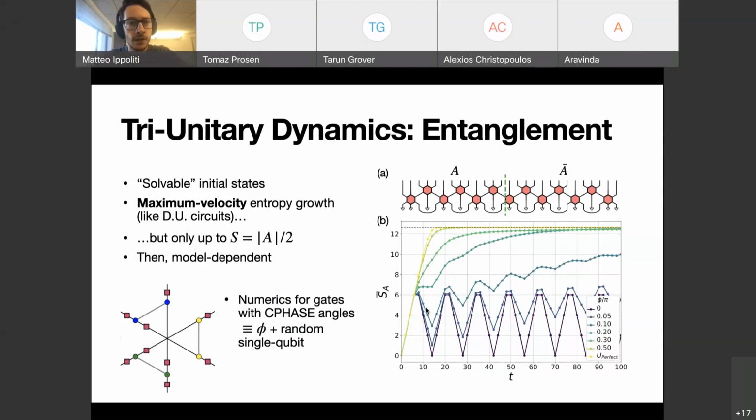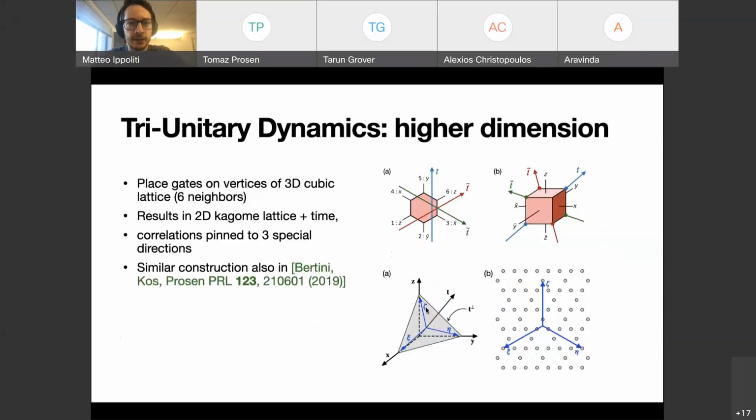And then there is also a higher-dimensional generalization, which was also envisioned by Bruno, Pavel and Tomasz in their earlier paper, but it's very natural with this gate set because you have 6-legged objects. It's natural to arrange them as cubes. Cubes have 6 faces. You stick a tensor network leg on each face, and you can arrange these on a 3D cubic lattice.